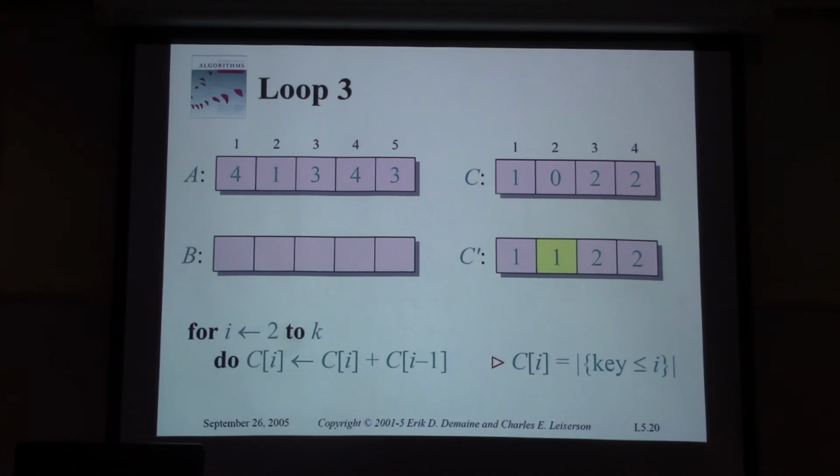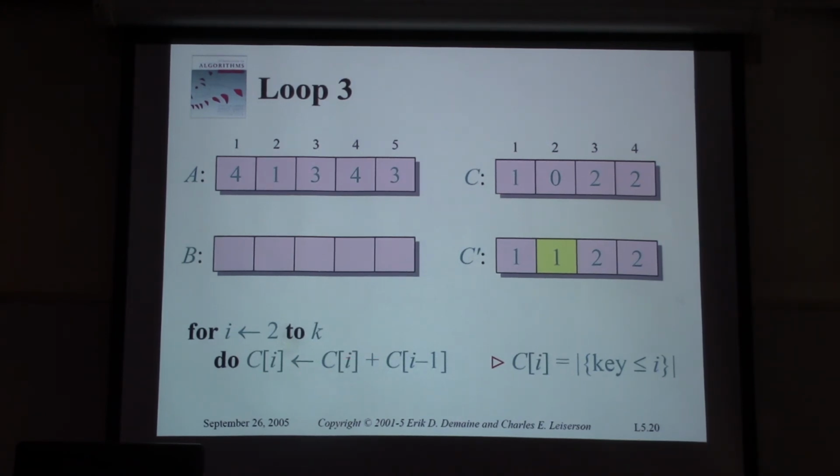So C prime will be the new value of C, because right now we just have frequencies. But notice that the frequencies are in the sequence of values. We know there's a 1, a 2, a 3, and a 4. So we're going to accumulate into the C prime array the number of elements there. As we go from i equals 2 to k, C sub i will get the value of C sub i plus the previous.